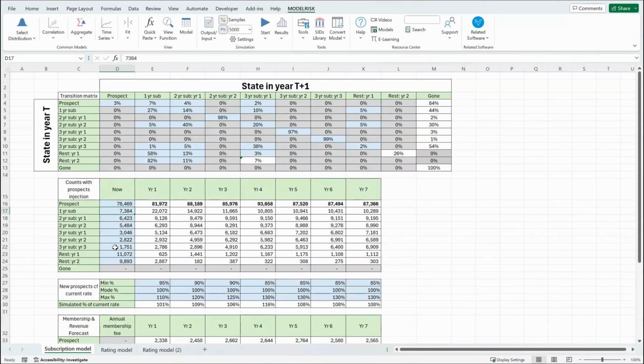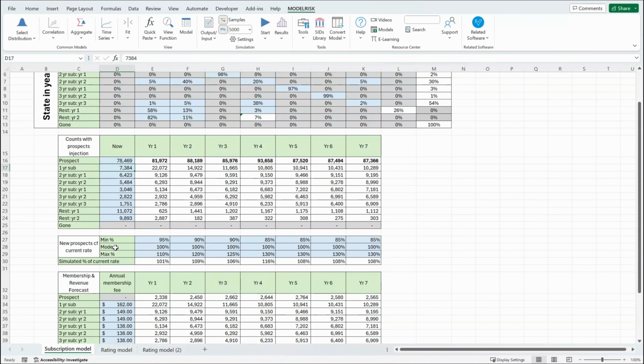Now, each year we will have new prospects coming. So in this part of the spreadsheet, we're looking at the minimum, most likely, and maximum variation on the total number of prospects we've had this year that will occur next year. So we're simulating uncertainty about how many, plus or minus around our current number, new prospects we might get into the future.